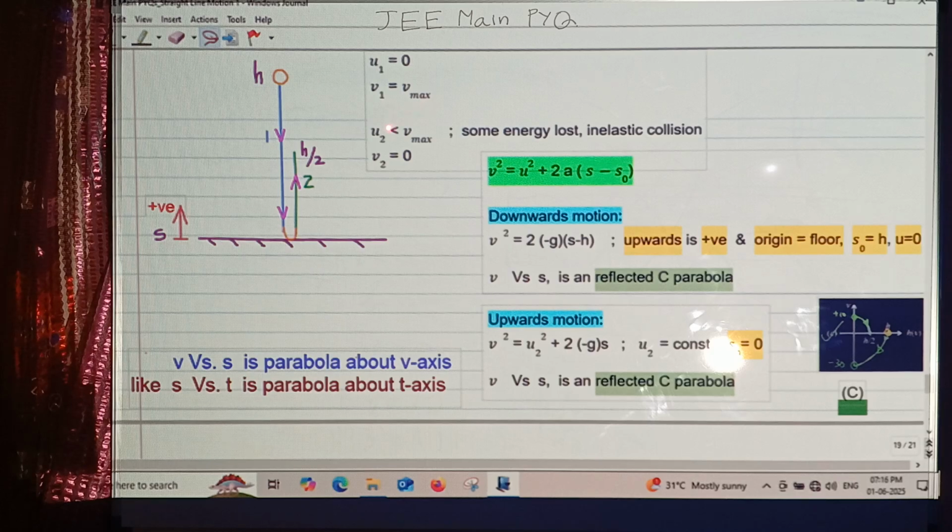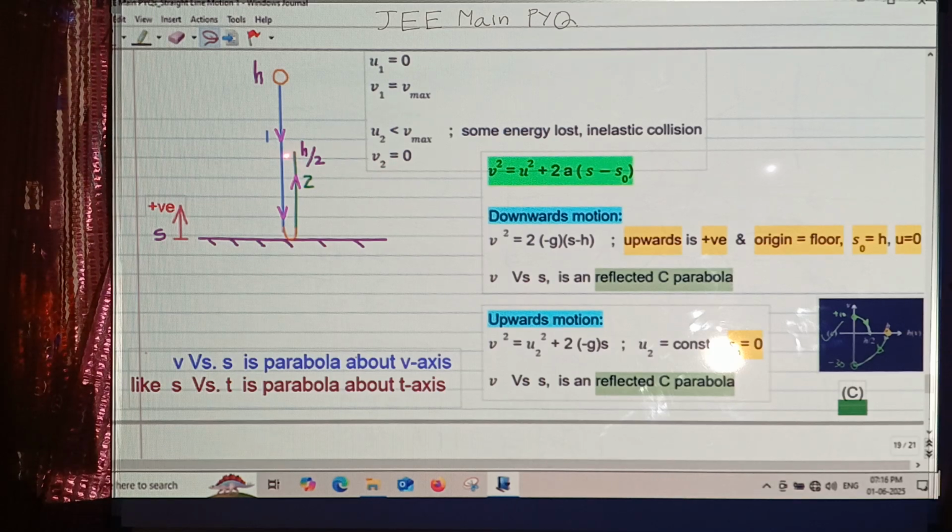So v1 is vmax. For the second part of the motion, u2, it reaches a height of h by 2, so there is some loss of energy here. The rebound velocity will be less than vmax, and the velocity at the topmost point, v2, is 0, because the ball keeps going up until it becomes 0 velocity.